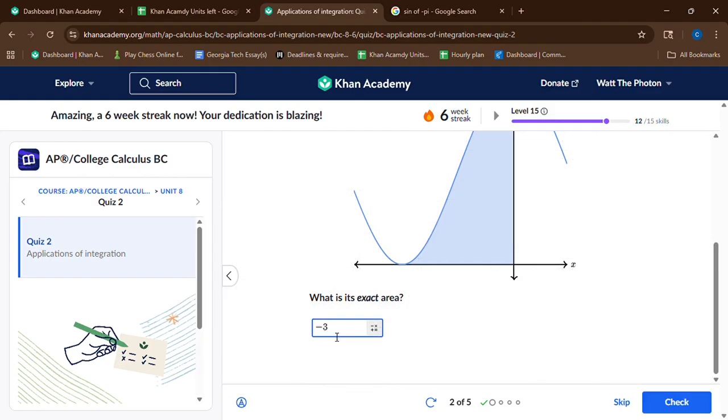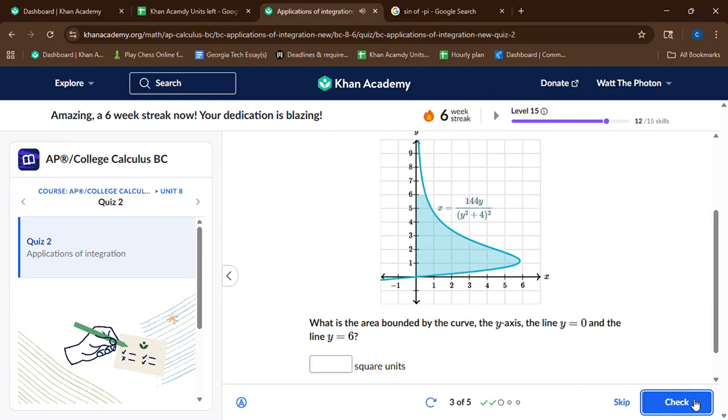That's what I got. No, it's area. It has to be positive. Yeah, 3 pi.